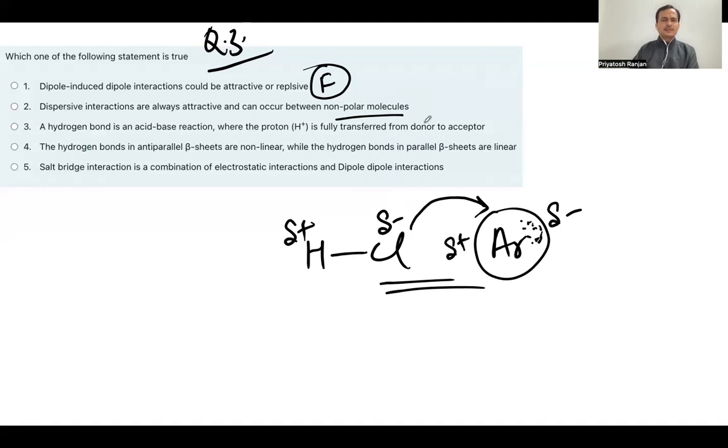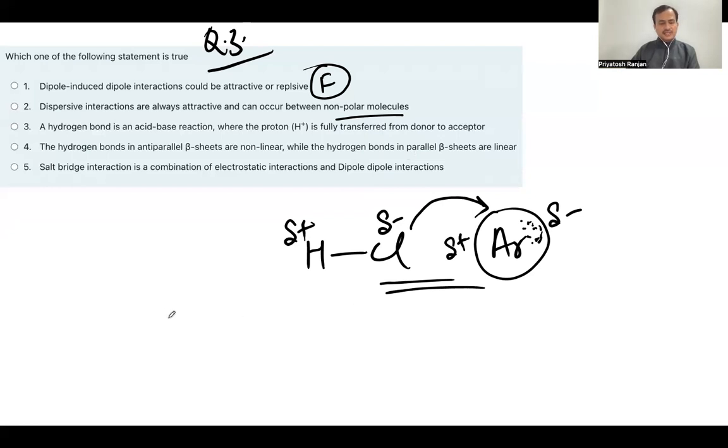And why is this happening? Because of the nature of the molecule. Also remember, even though we keep saying that the electrons are moving in a spherical fashion, at some point, even for a non-polar molecule, the molecule is going to be momentarily polar because of the generation of these charges.